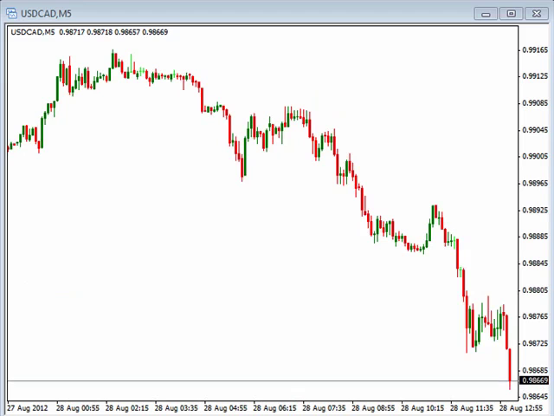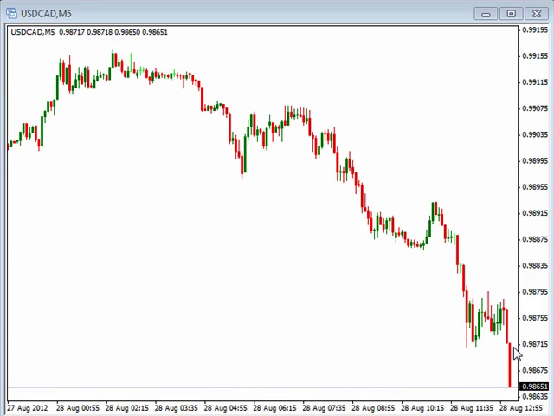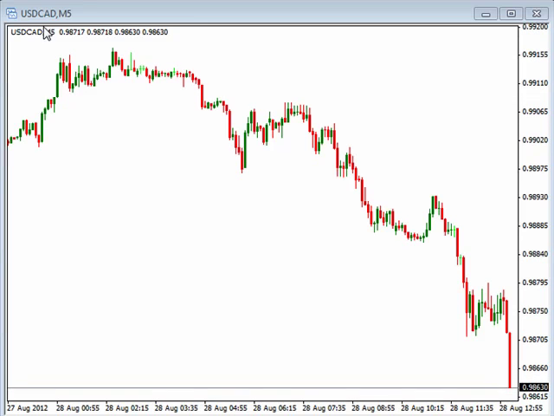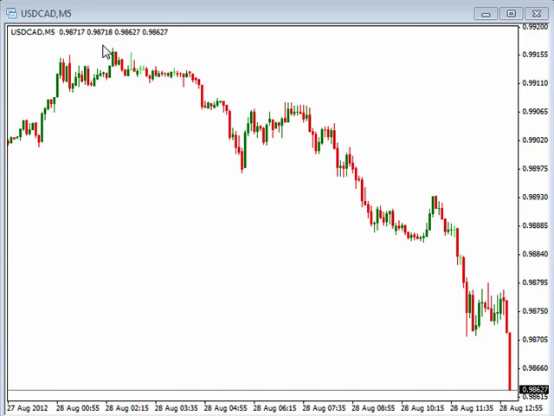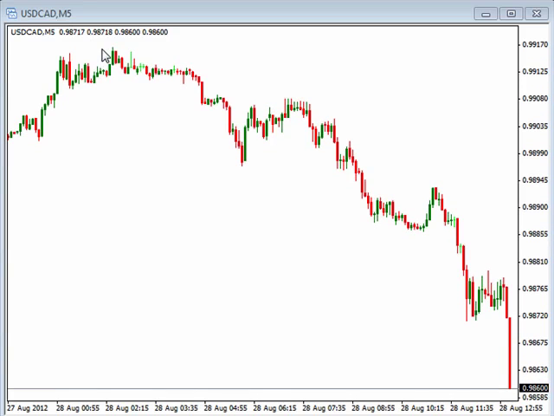Now we're starting to see a big move here. I'm not sure what's happening or why we're seeing this movement, but this is the 5-minute chart of the USD/CAD, and we're really seeing a strong down movement here.